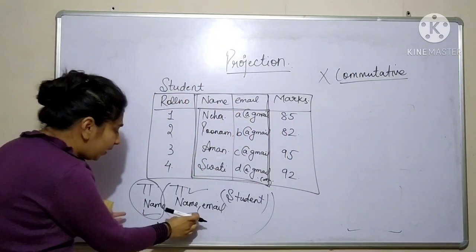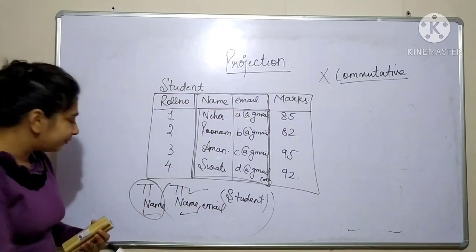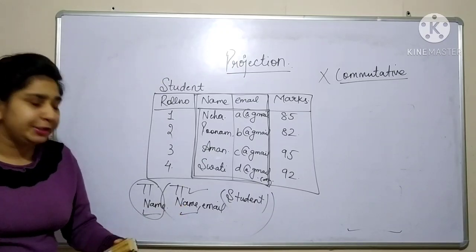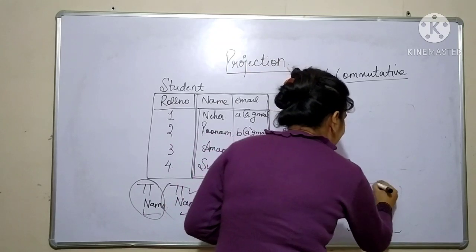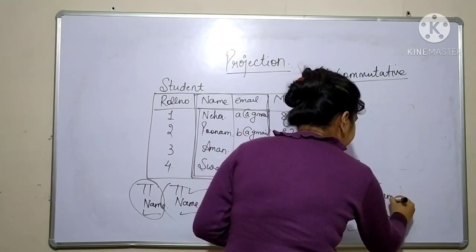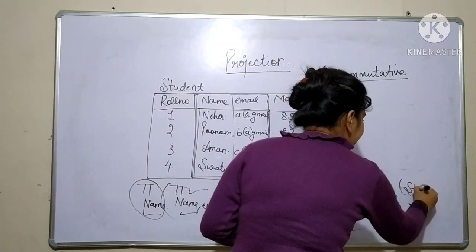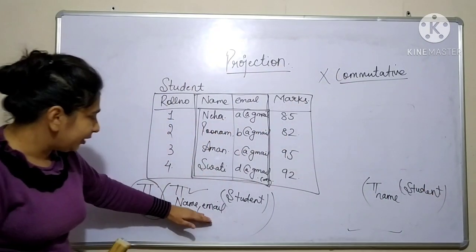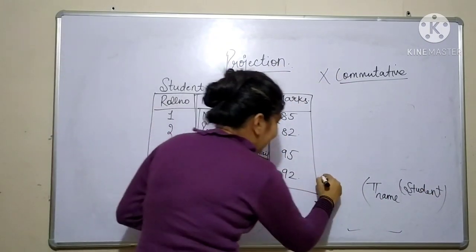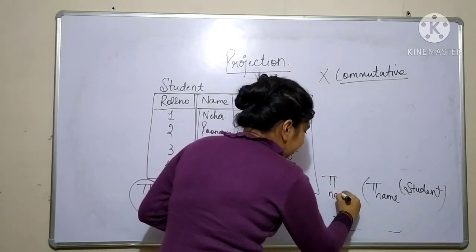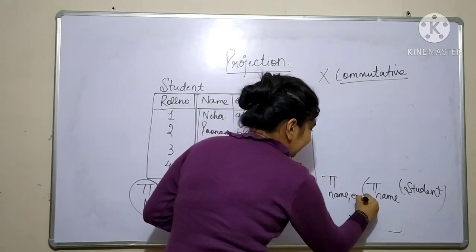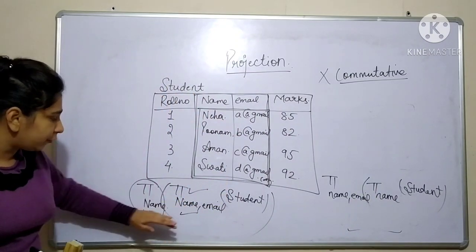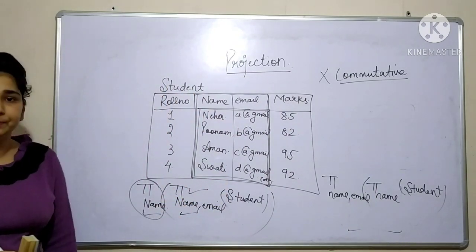If I reverse the order of these 2 projection operations, what I do is, let's suppose I first project name from the student, then I will be projecting name and email from this relation. I just reversed the order of the projection operations.